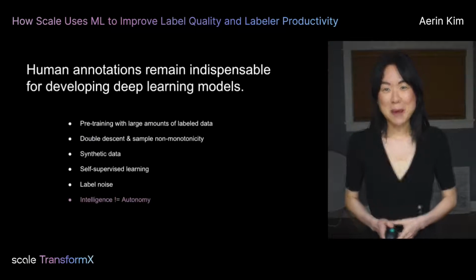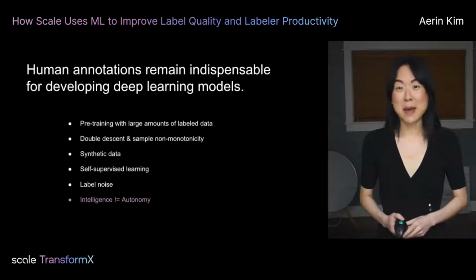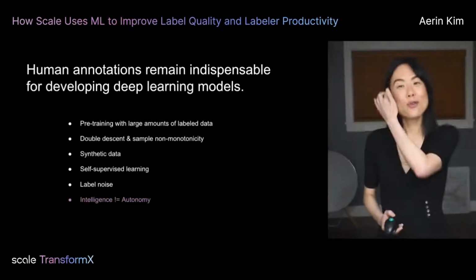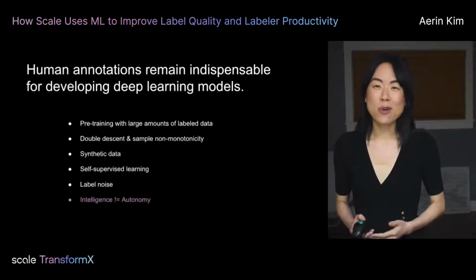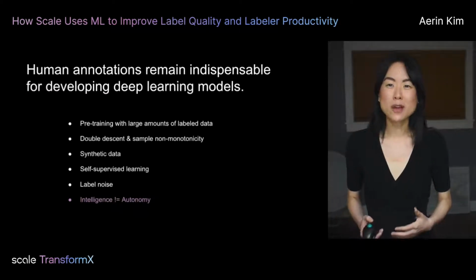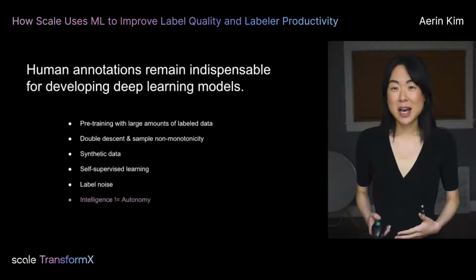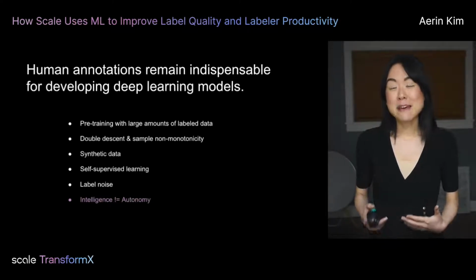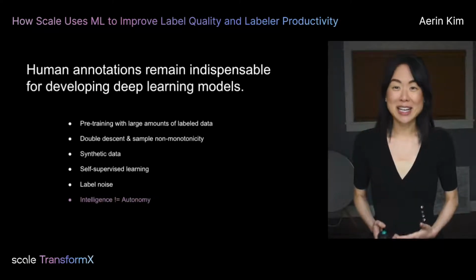The last paper is our survey paper. We wrote this because we wanted to know what other people have found out about the effectiveness of labeled data in deep learning.